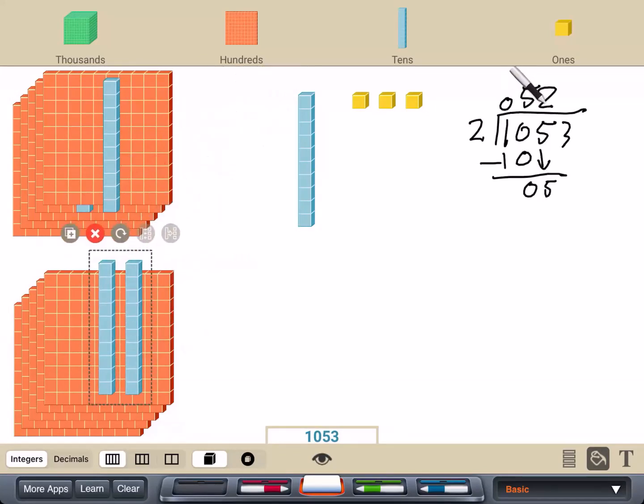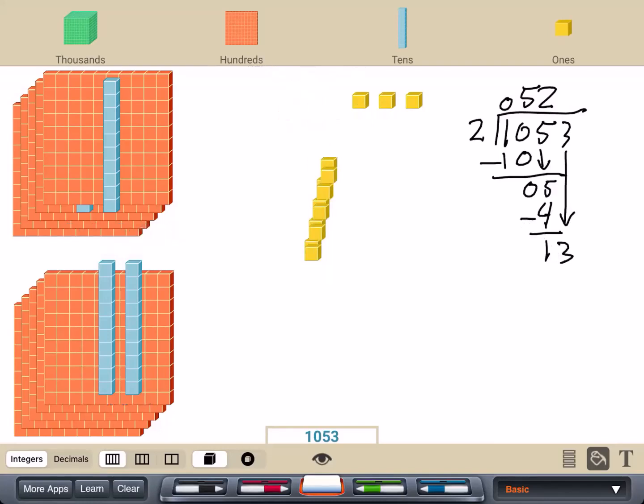So I put a 2 in my answer. Then I do 2 times 2 is 4. And I subtract those 4 that I divided up, which tells me that I have 1 ten that still needs to be divided. Then you bring down your next place value and you have 13 ones.